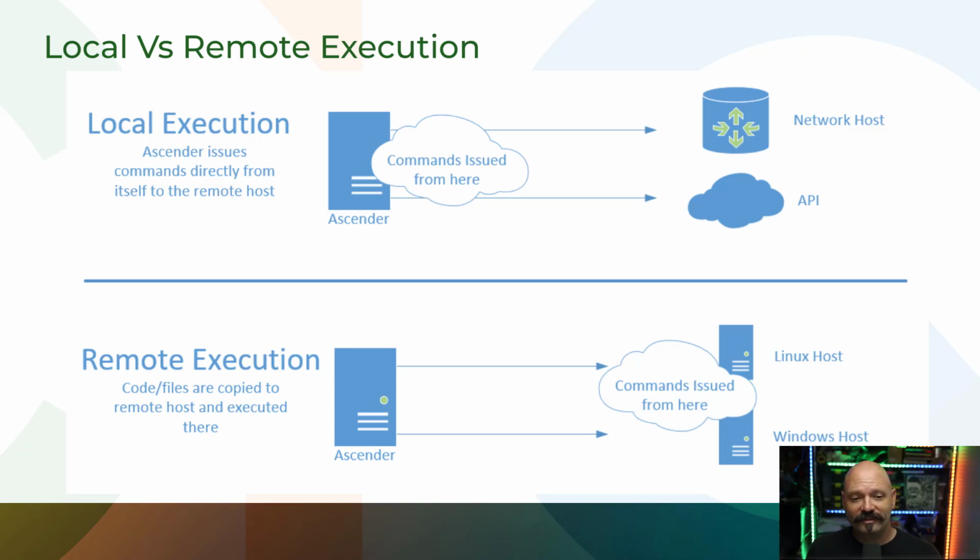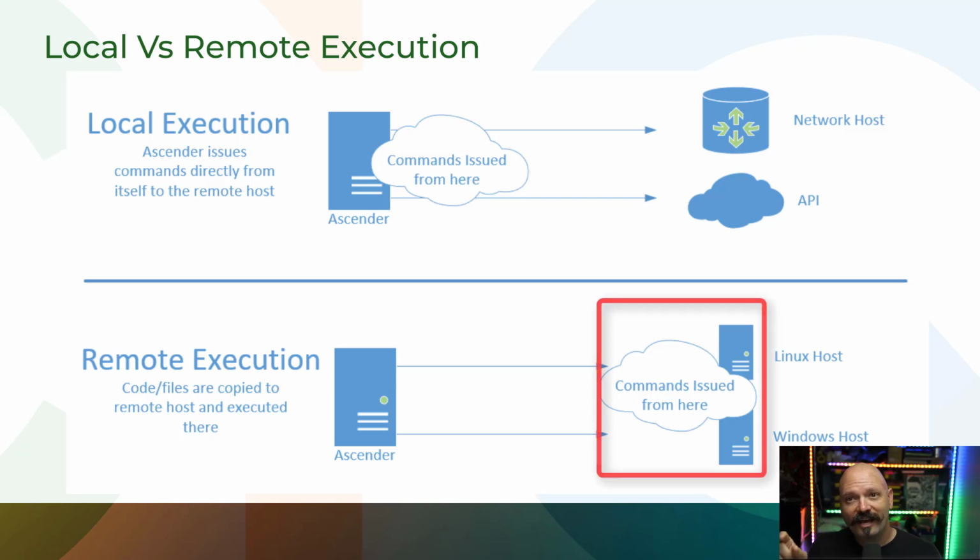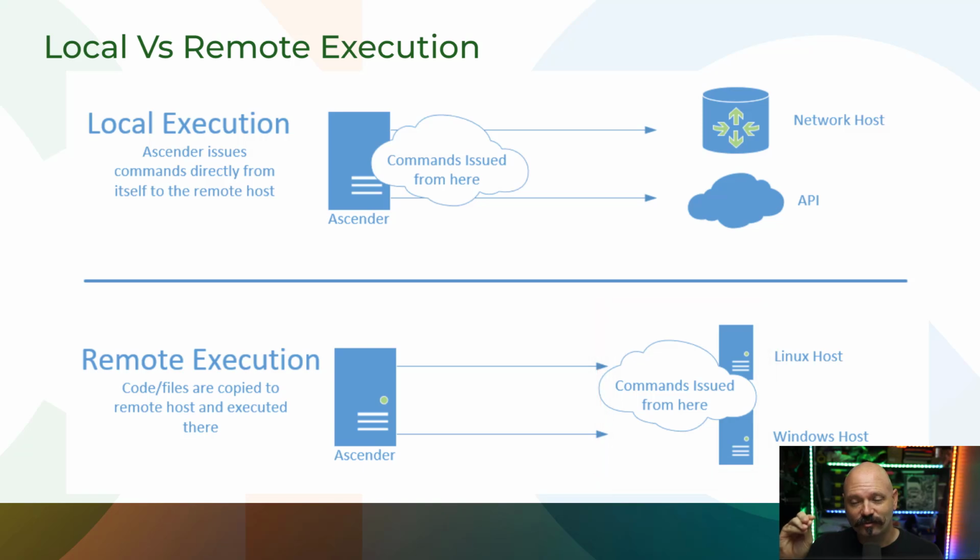Essentially what it does is Ascender will take the modules, the Python scripts, or, in the case of Windows, the PowerShell scripts. It actually copies it over to that host, executes it remotely, and then it deletes those Python scripts when it's done, right? So that's remote execution.